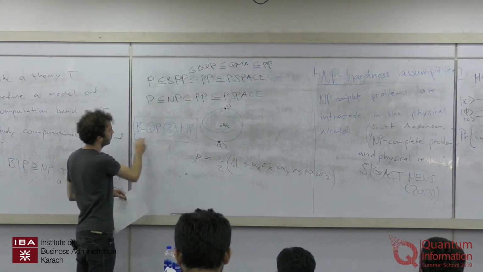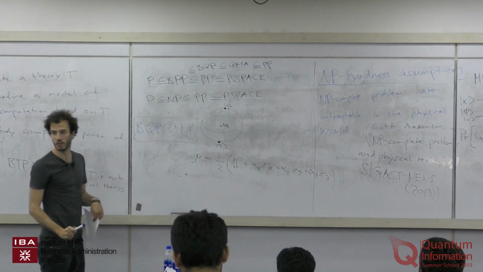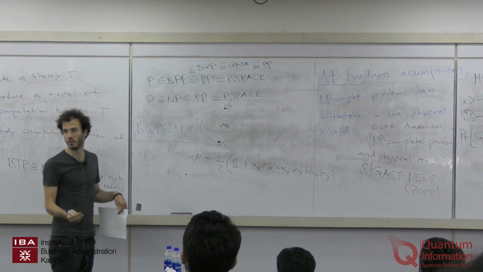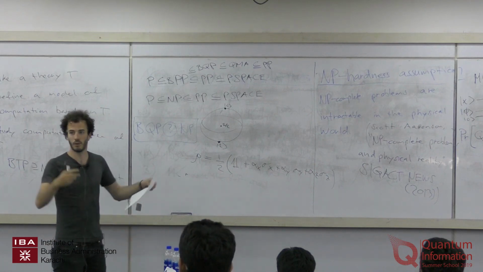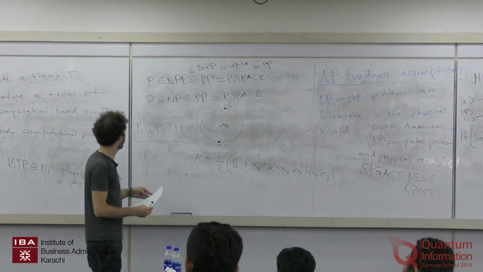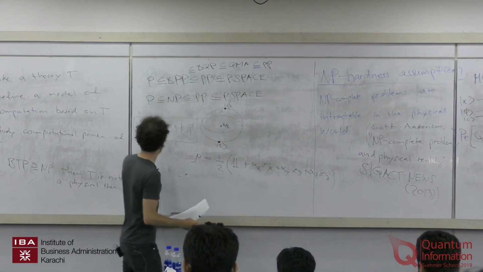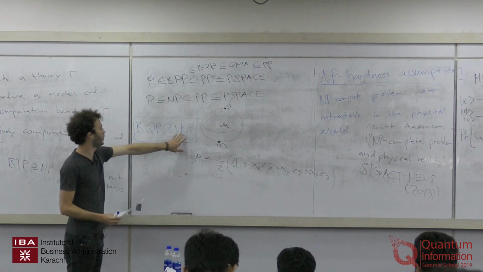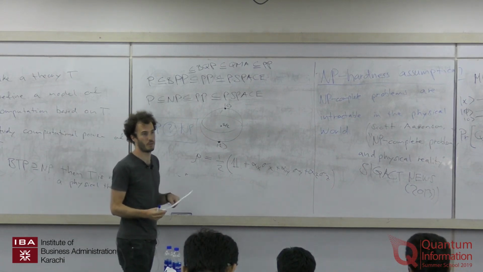If NP would be contained in BQP, then according to this assumption, we cannot build quantum computers. When we try to build them at some point, we will fail. We cannot go to big systems. But most people conjecture that NP is not contained in BQP, so that we cannot solve NP-complete problems with a quantum computer.